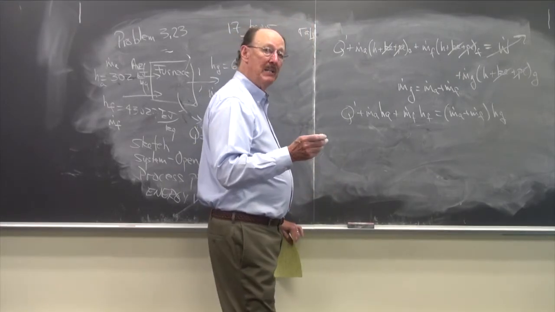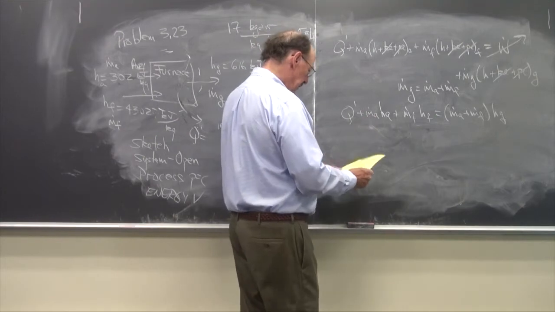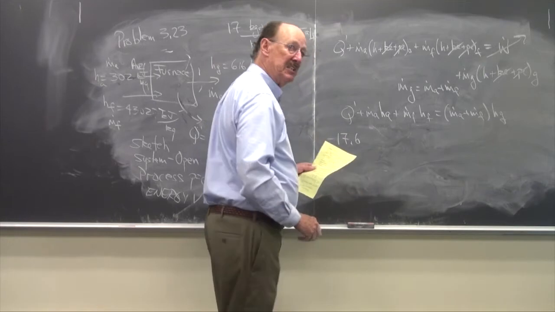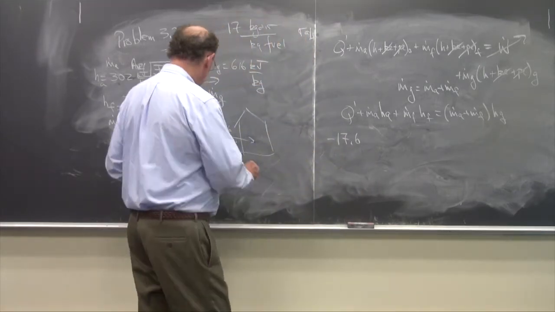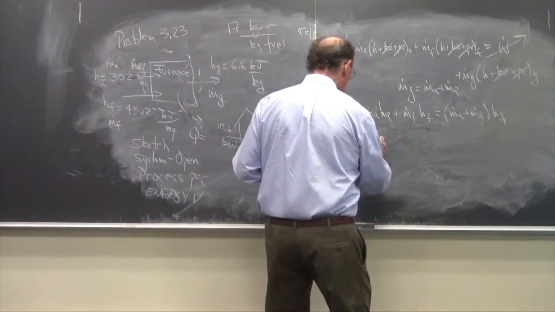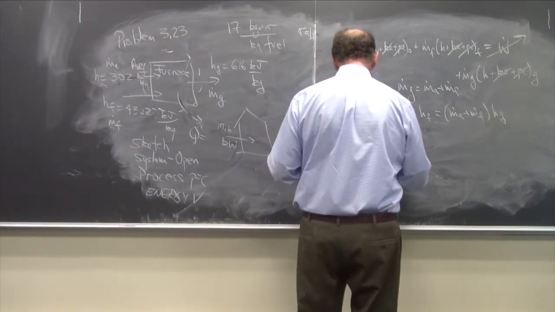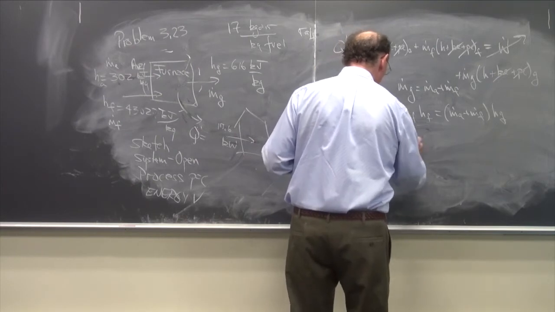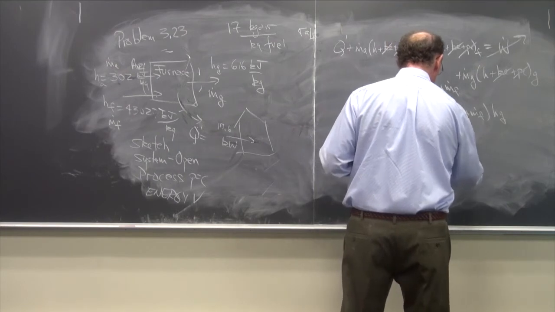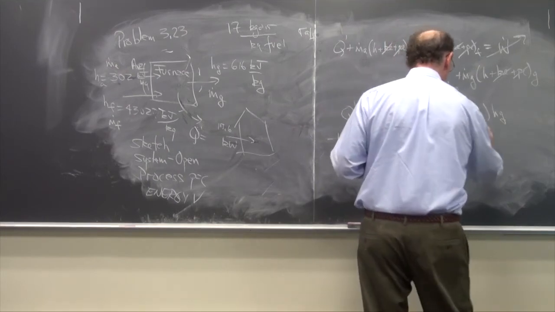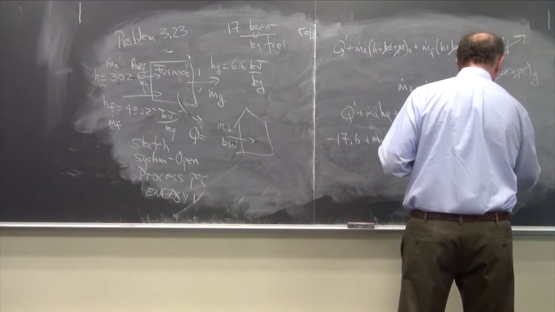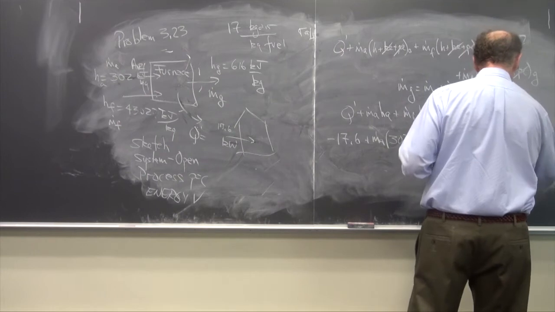So what I know is this: I have minus 17.6 kilowatts, so it's leaving, hence it's minus, plus m dot A times 302 plus m dot F times 43027 is equal to m dot A plus m dot F times 616.